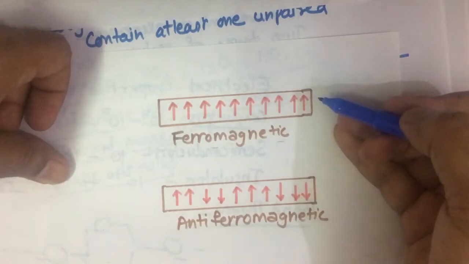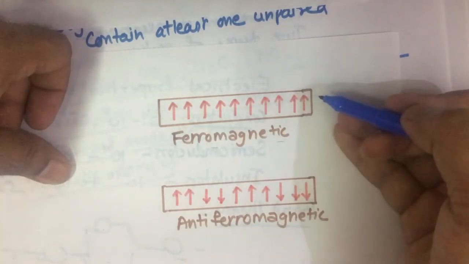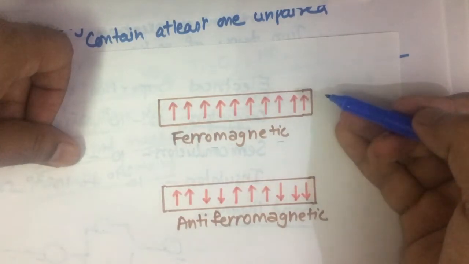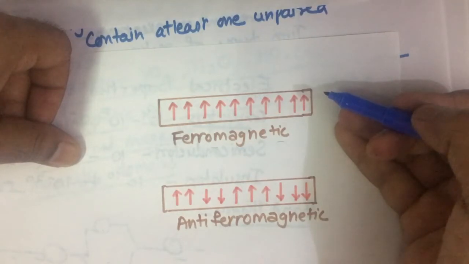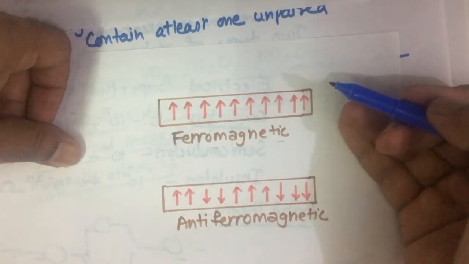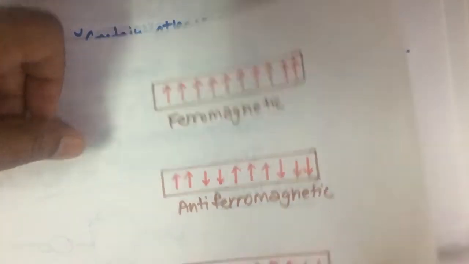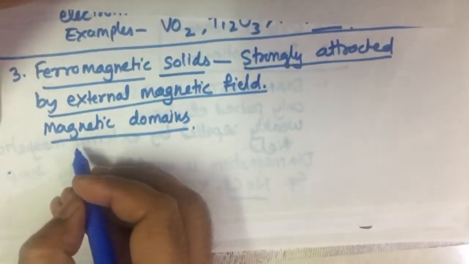Now this ferromagnetism is a temperature dependent property. Each ferromagnetic substance has a characteristic temperature above which it acts as a paramagnetic substance. This temperature is called the Curie temperature.